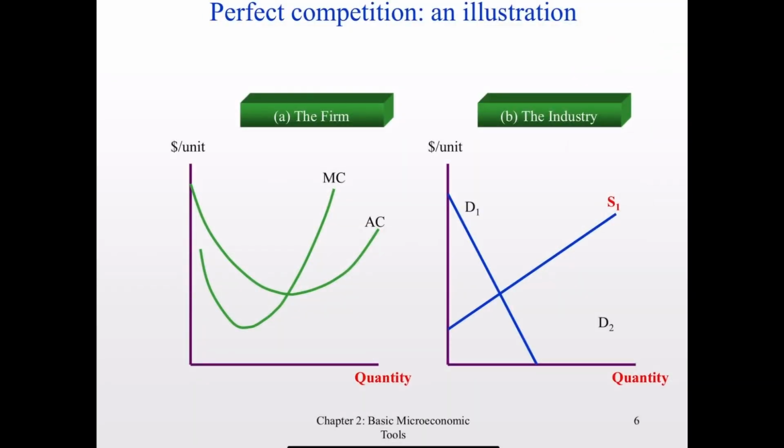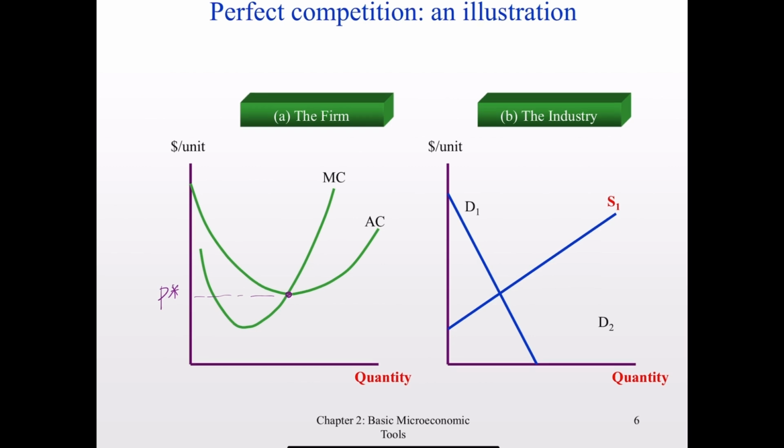Now let's look at the illustrations of perfect competition. We have two graphs here. The first one is the individual firm's graph. The other one is the industry. First look at graph A, which represents the individual firm. With the market price at P star, the firm maximizes its profit by setting marginal revenue, which in this case equals the market price, equal to the marginal cost.